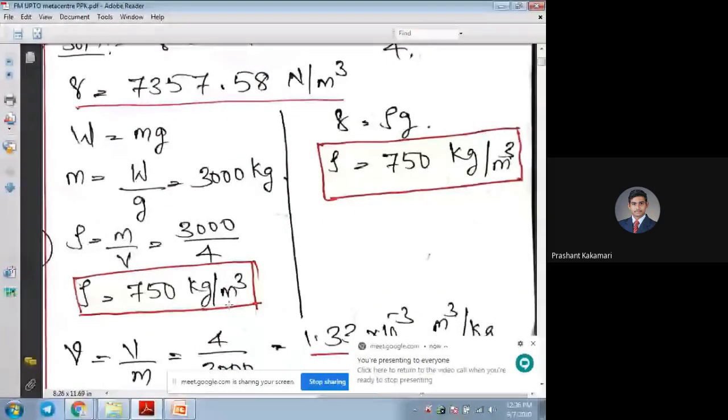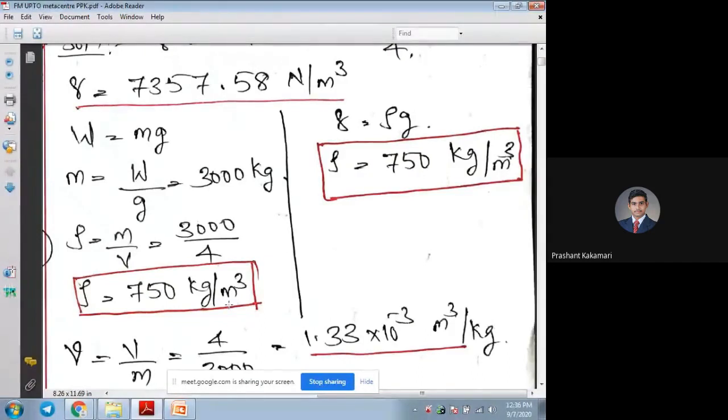So once you find out the weight density or specific weight, Newton per meter cube, you can also find out the mass, weight, from the density. And density also can be checked here.